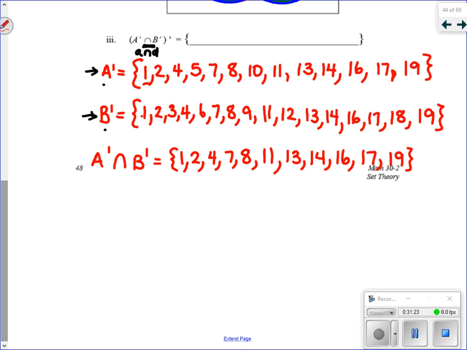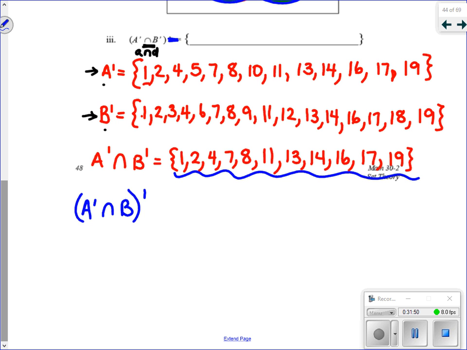Okay, now we're not done. We'd be done if the question just asked us to find where A prime intersected B prime. But now it says we need the complement of this whole thing. So, where A prime intersect B prime, the complement of that means it's not in this.